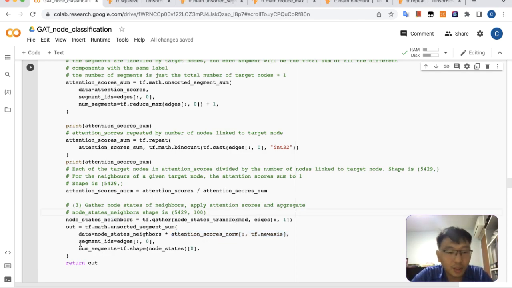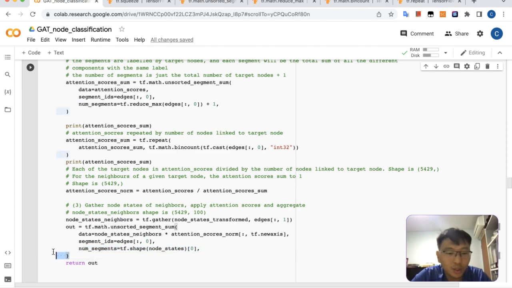After that we take the segment IDs, which in this case is still the target node itself. Segment ID is still the target node. This is the neighbor node, and then the num segments is the number of nodes.